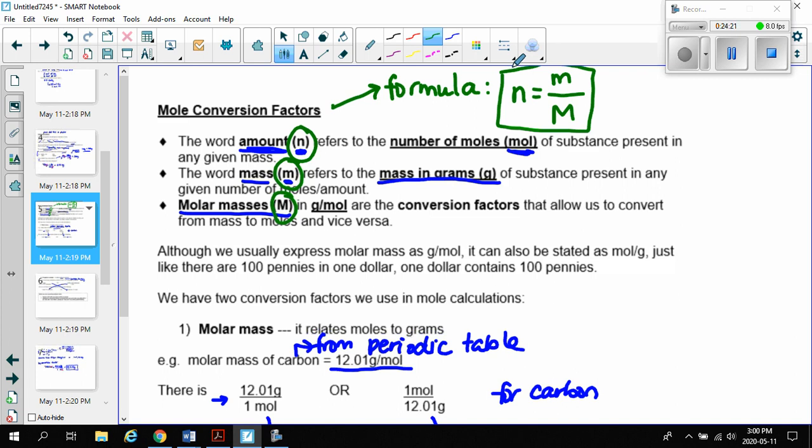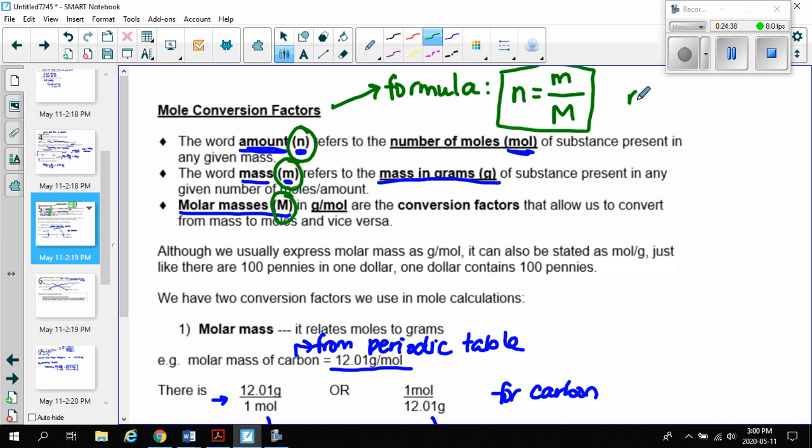So this is the formula if you don't do it by conversion factors. Again, it's the same thing. Some people just recognize formulas a little bit better. You're only given it as calculating number of moles equals mass divided by molar mass.